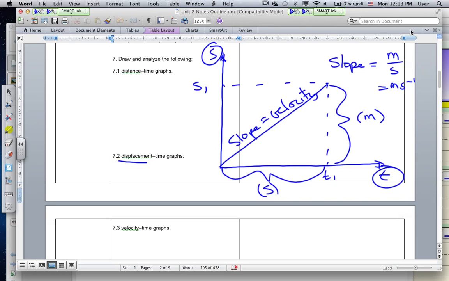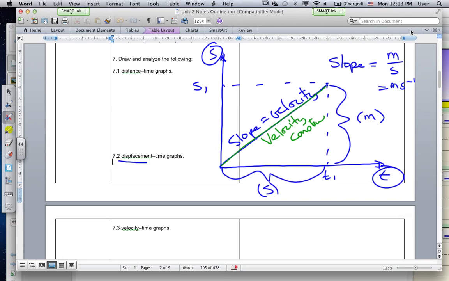In this case I had a straight line, so my velocity is constant. Constant velocity, because with a straight line your slope is the same.